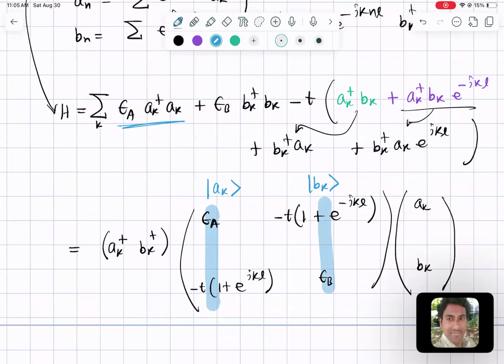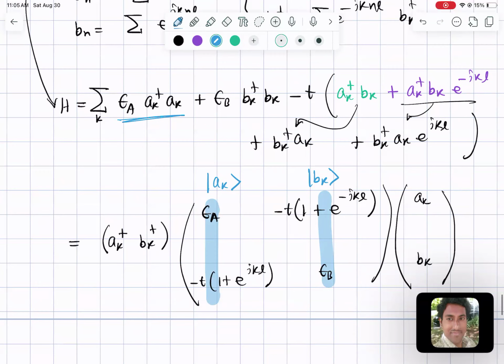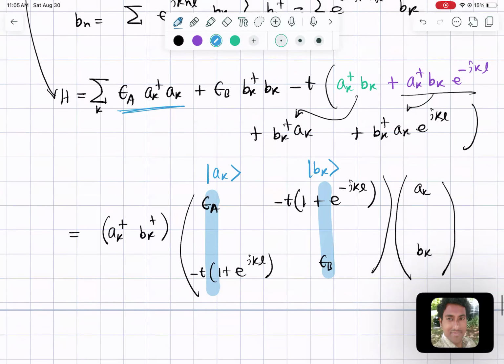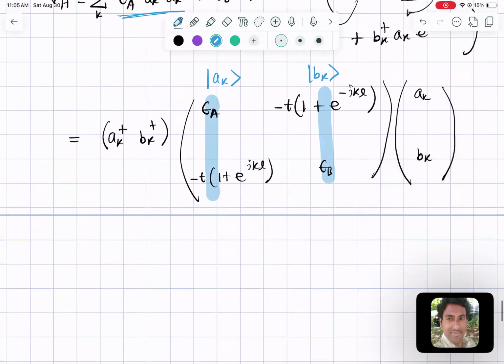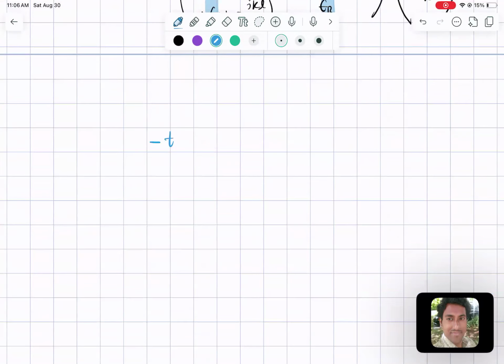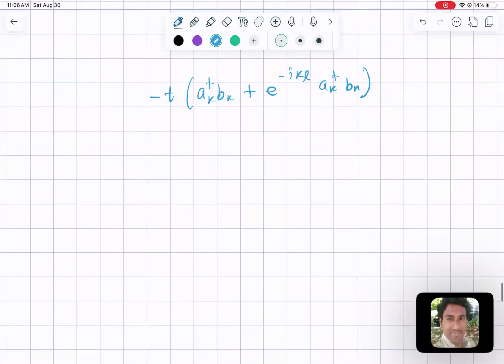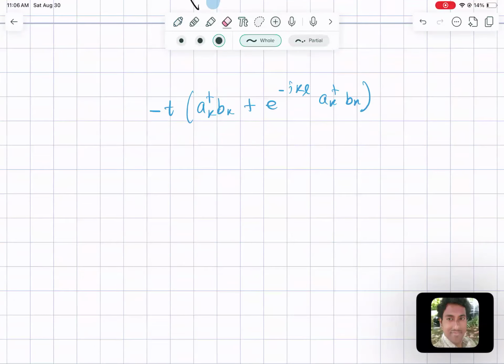Okay, I think it's easier if I write it like this: minus t A dagger B, plus k e to the power minus i k l A_k dagger B_k. Now, can we write it in terms of a matrix? Just one element.